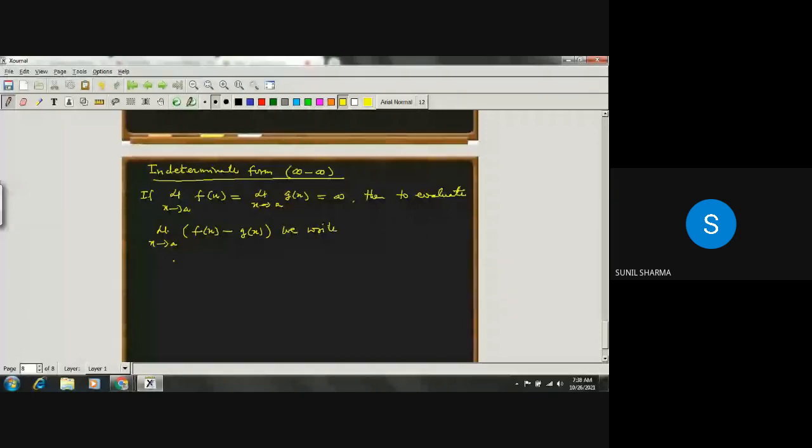fx minus gx as 1 upon fx minus 1 upon gx whole divided by 1 upon fx into gx.